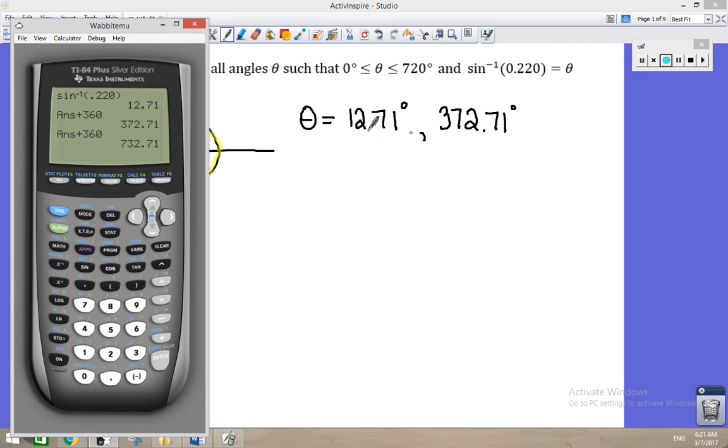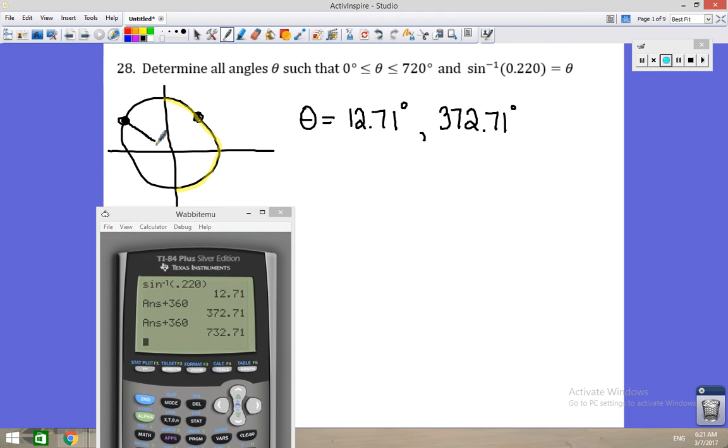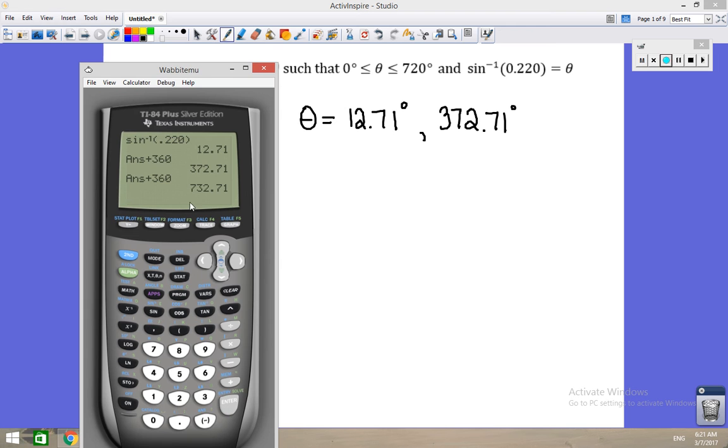So that's too much. So now I need to use this angle. To get that angle, I'll go back to the inverse sine of 0.220. See, this angle is also the reference angle.